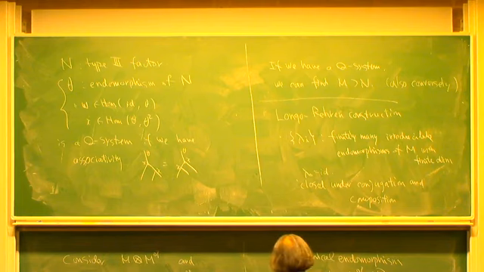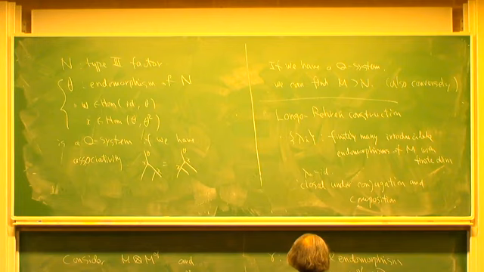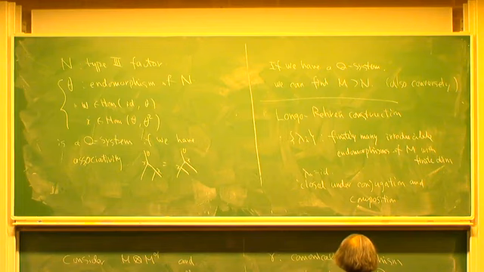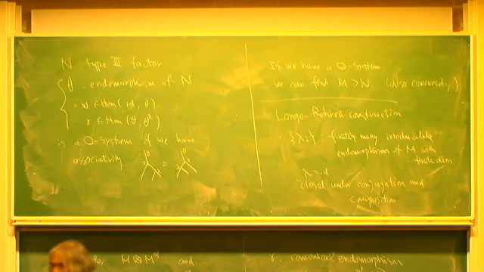Then we look at the tensor powers of gamma and look at the irreducible decomposition. Then it turns out that this is automatically of finite depth, so we get a fusion category.